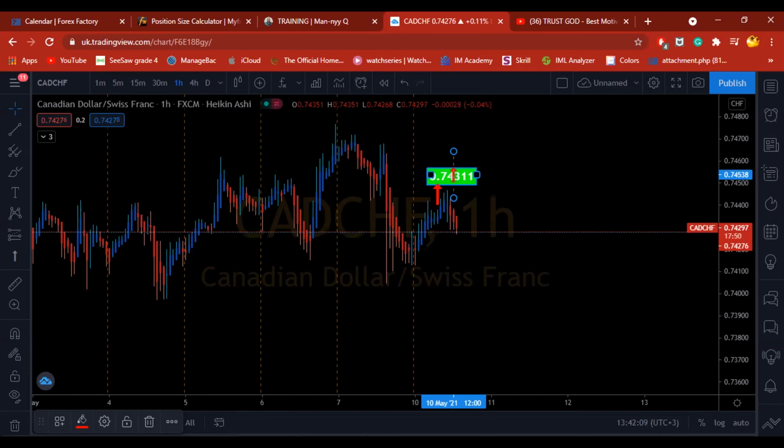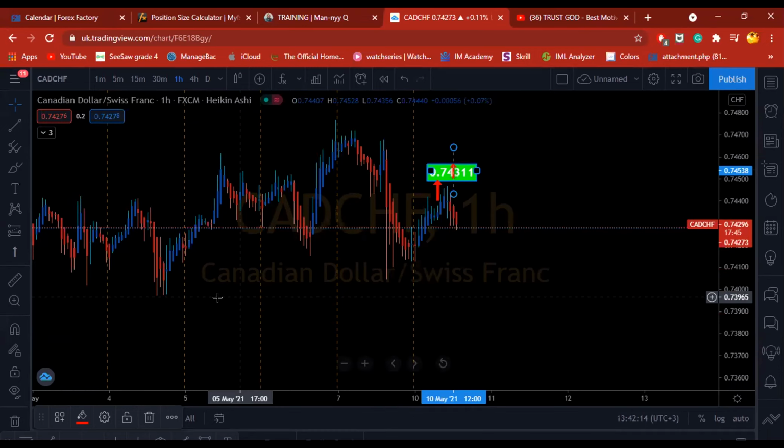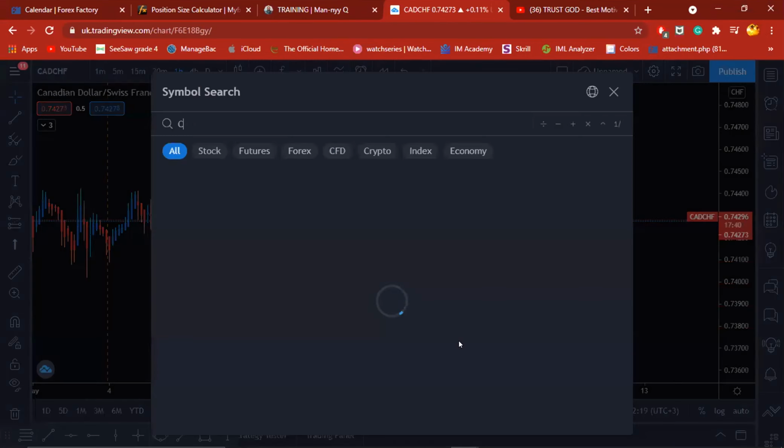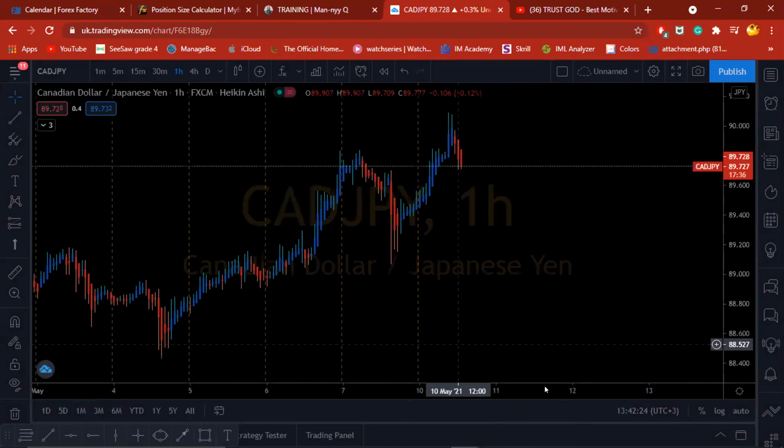Okay, so I wanted to quickly show you the JPY pairs. Let's go for CAD JPY. As you can see here with CAD JPY, there are 2 numbers before the decimal point.